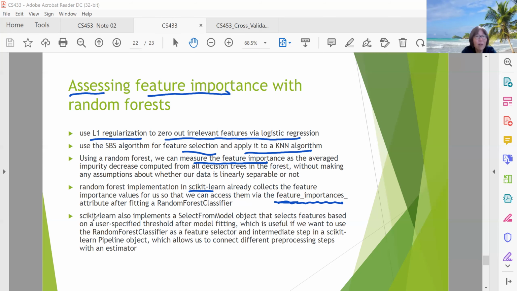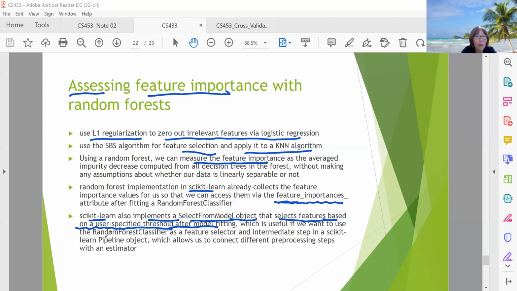Later in our example, we will also see that sklearn implements an object called SelectFromModel. This object can select features based on a user-defined threshold after model fitting, which is sometimes quite useful.